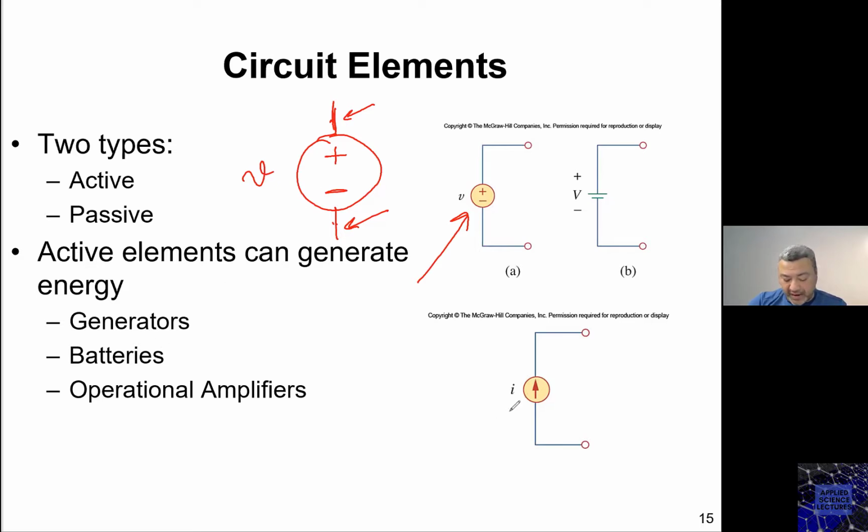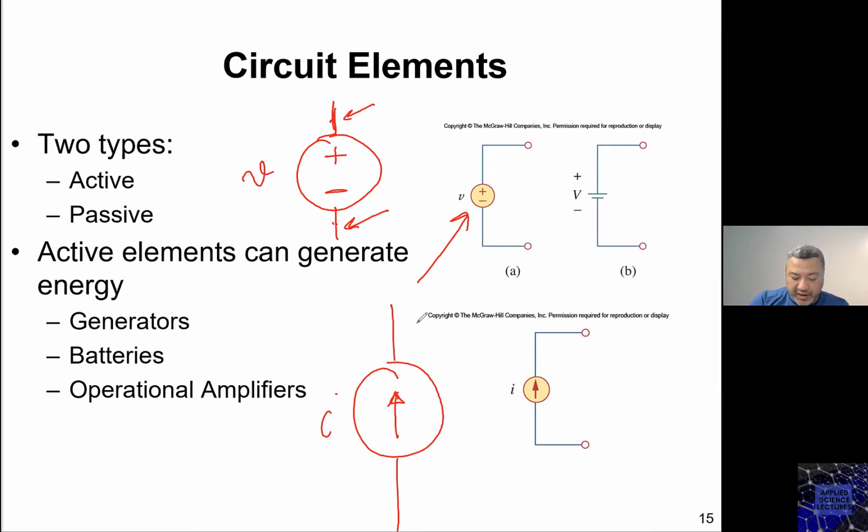And then I have a second independent source that is also defined by a circle. So all independent sources are circular in shape. And then there is a small arrow inside that defines the direction of the positive flow. So in this case, this is the direction of my positive flow of the current.